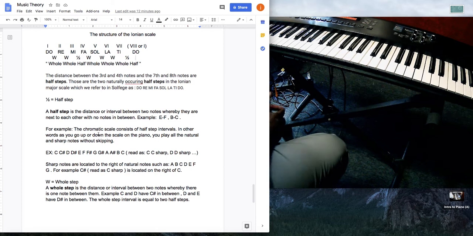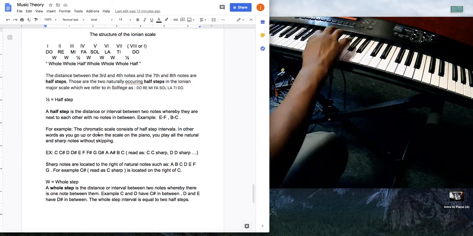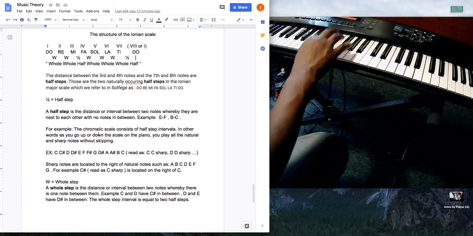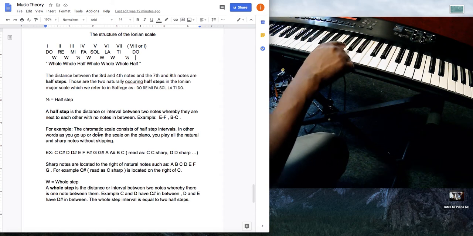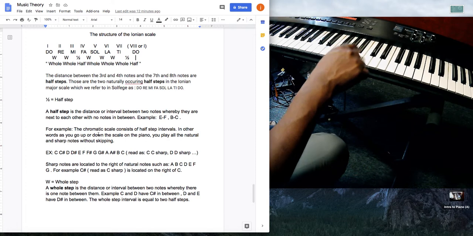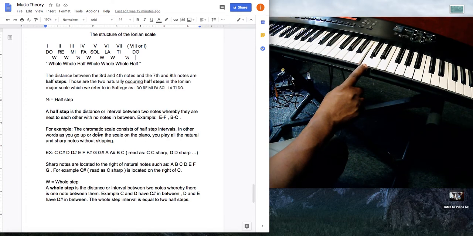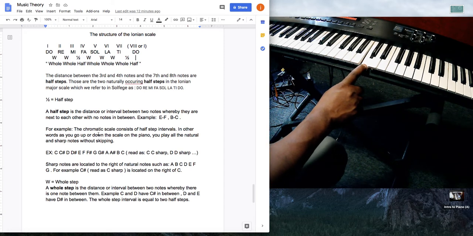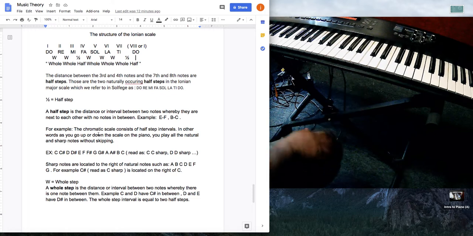The chromatic scale moves in half steps. Okay? C, C sharp, D, D sharp, E, F, F sharp, G, G sharp, A sharp, B, C. So that is an example of the chromatic scale as being an example of a half step scale.